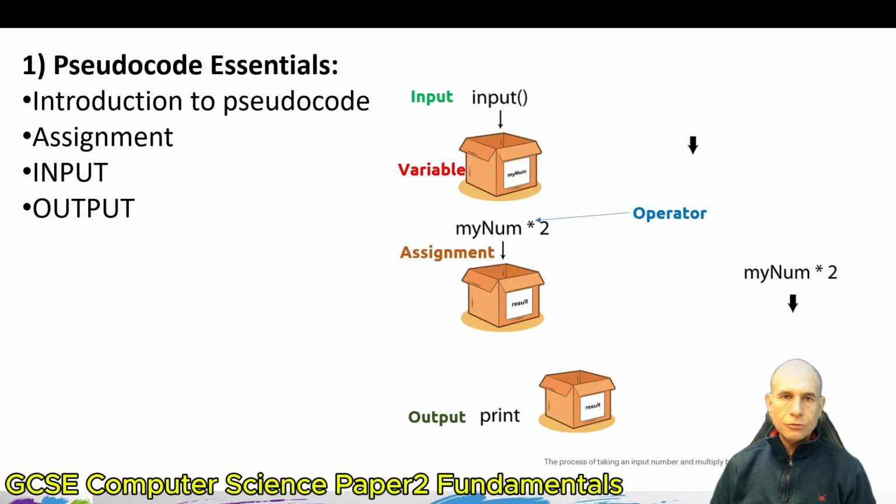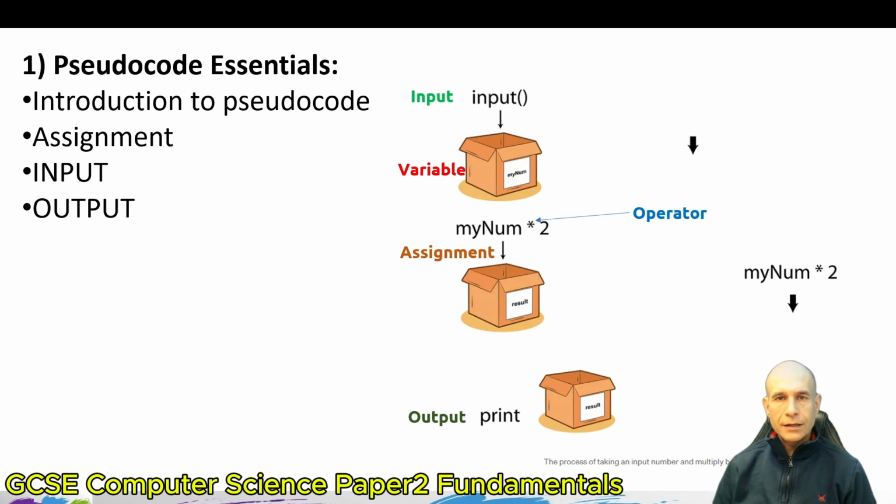So how do we do the inputs, the outputs, and the processing using pseudocode? We need to learn three essential skills related to pseudocode. You have to remember, we have inputs, we have output, and we have variables and assignments, and how we do the processing. Remember, we have variables in the program. Imagine a variable as a little container, a little box or little basket, which you can put something inside.